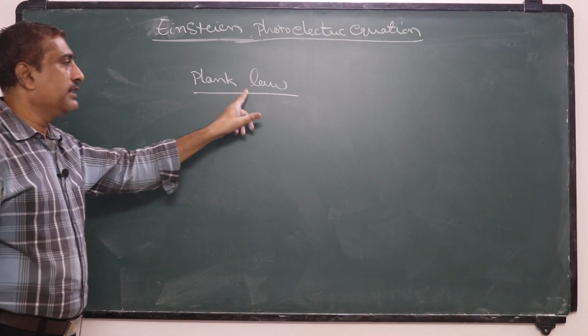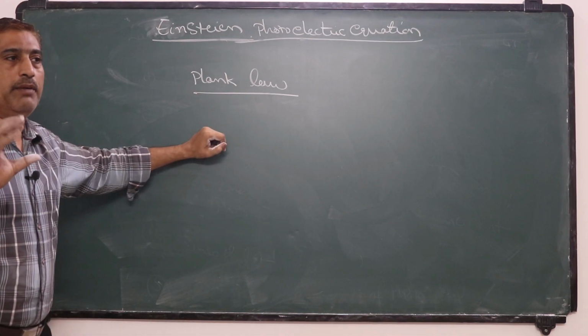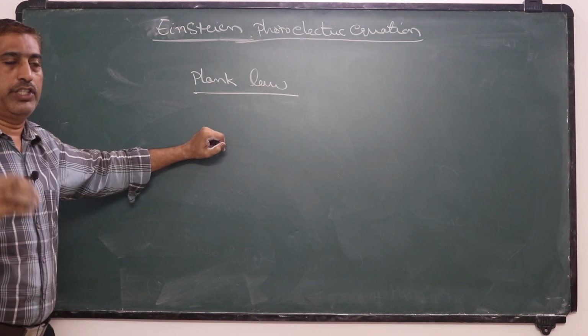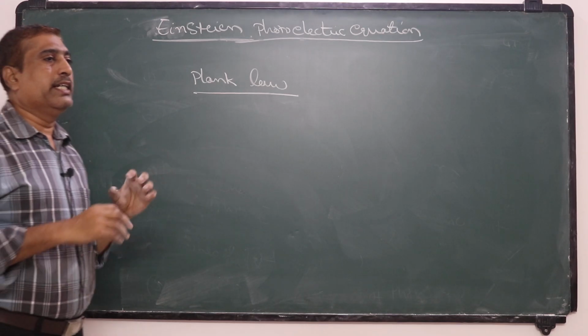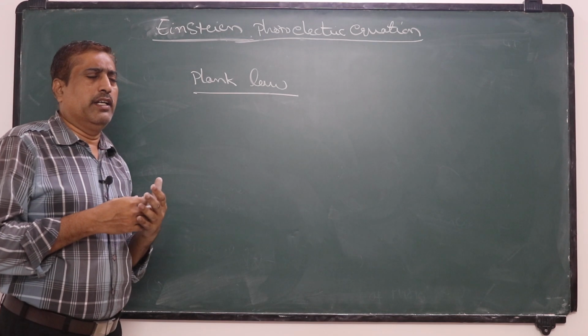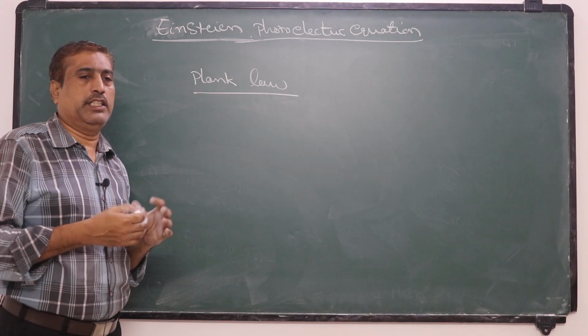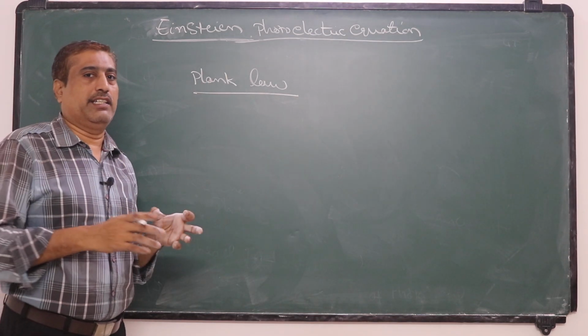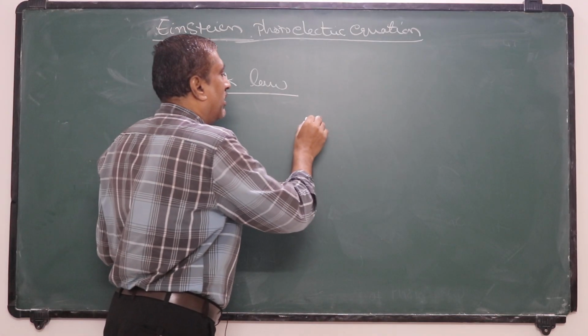What Planck's law says is that the energy emitted by a source of radiation is not continuous. The absorption or emission of energy takes place in a discrete set of energy values called quanta.